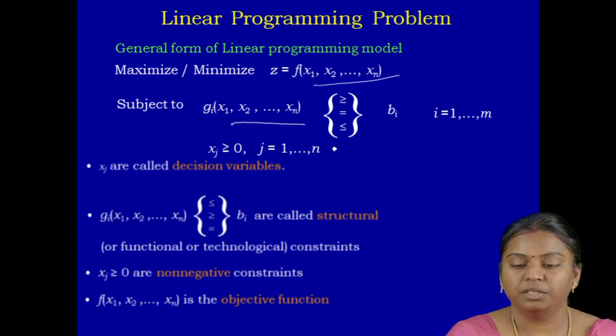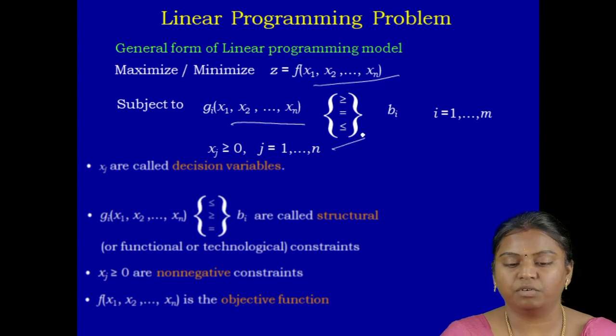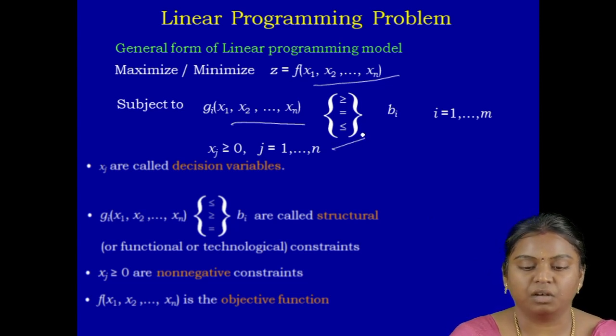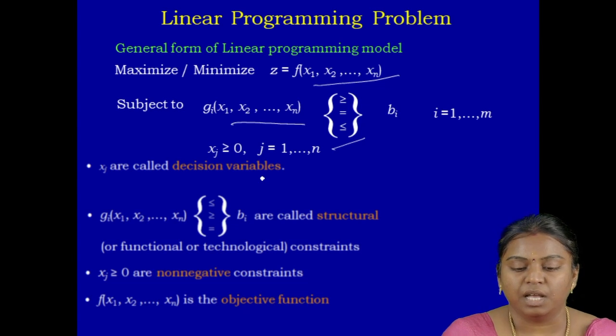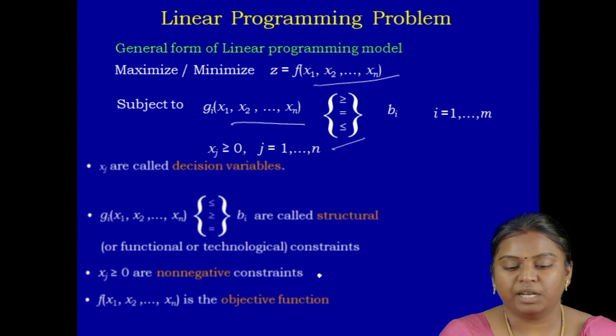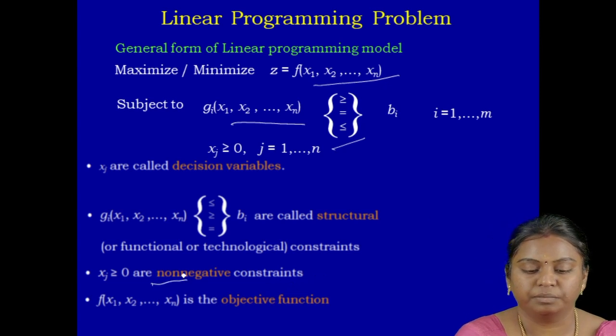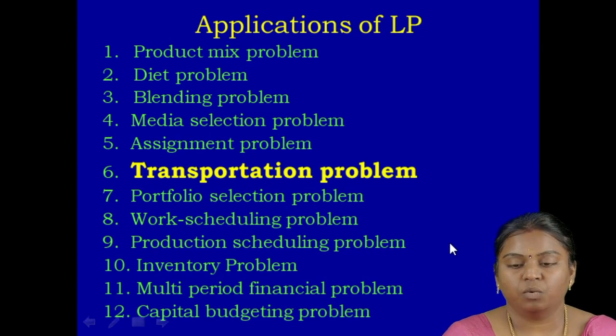So the constraint should follow the inequality form. Here the xj's are called the decision variables, and xj should be the non-negative constraints. Here it is stated.